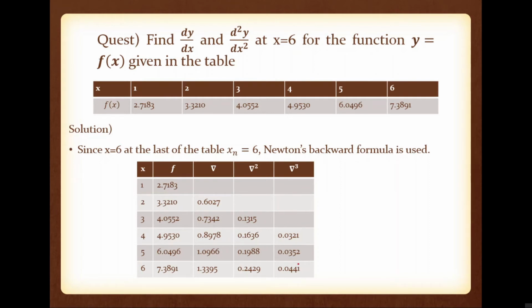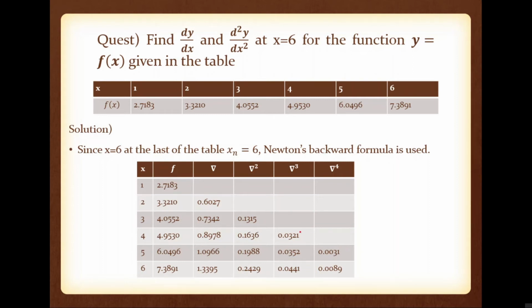Now by using this del cube column, we have to find the del raised to 4 column. We have 0.0089, that is the last data minus the previous one, then 0.0031, that is this one minus this data.